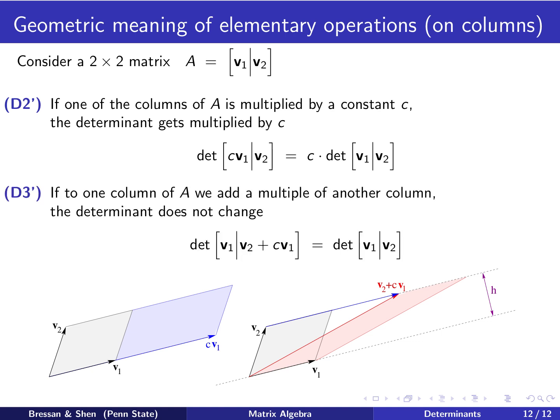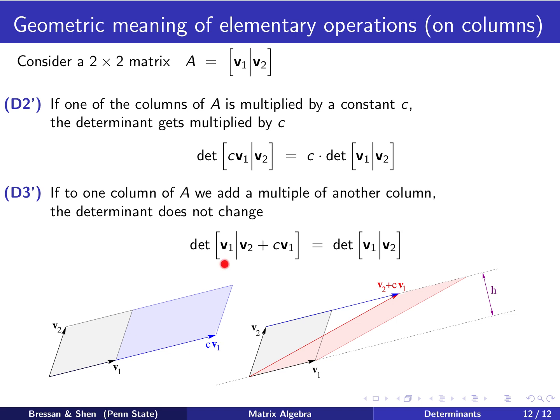A second property is that if to one of the columns of A, we add a multiple of another column, then the determinant does not change. This property we know.